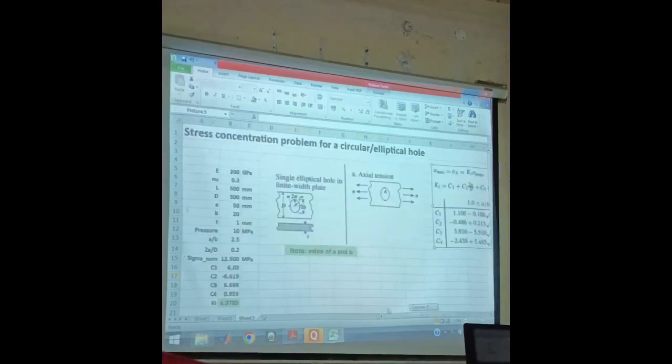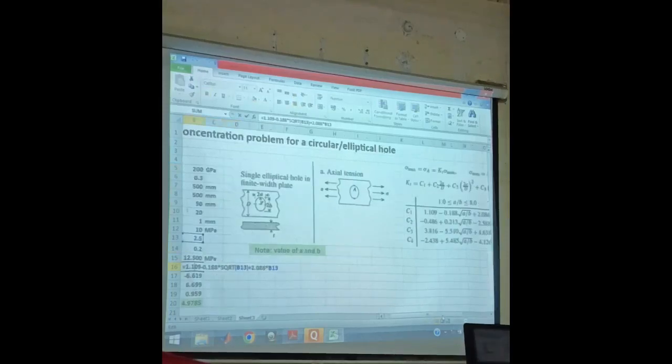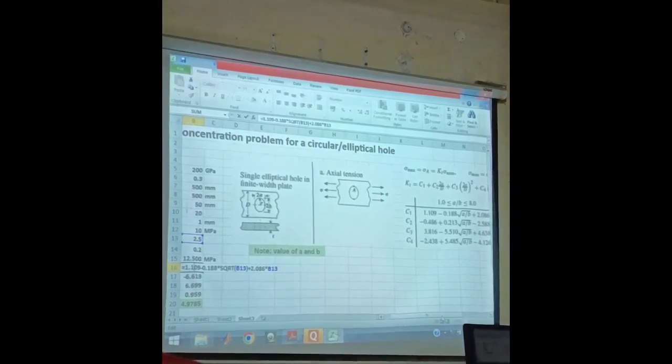What I did, these are the inputs, and C1 value I can get from this. I used that expression. Simply I put it, because this is the way aerospace engineers calculate the theoretical value of the stress of different components of the aircraft. This is the basic logic adopted in the industries.